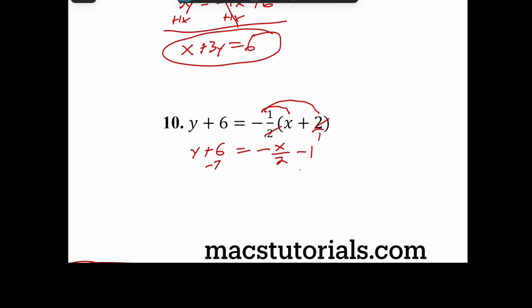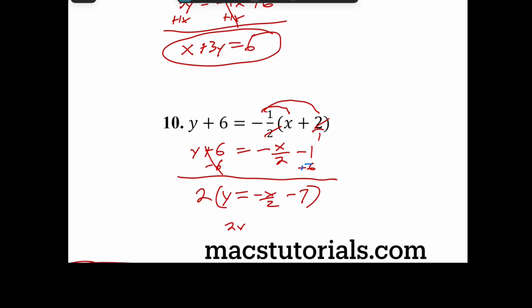Now, when I subtract, I got a little ahead of myself there. When I go -6 to both sides, I'm going to get y equals -x over 2. And here I just add a line, change the sign, which is going to give me a -7. Now I'm going to multiply everybody by 2.